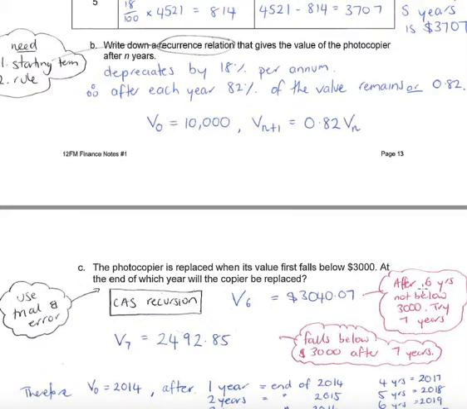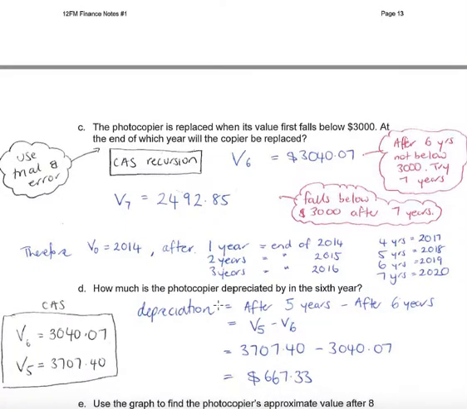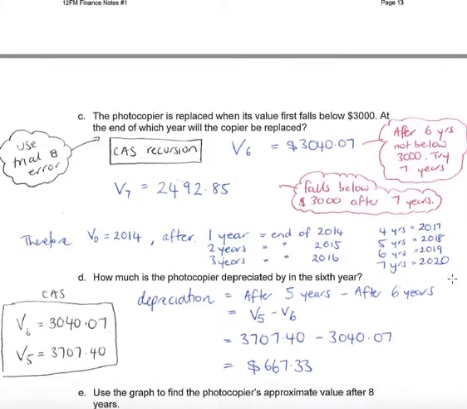It's not quite below 3,000, so you need to go to the 7th year, which ends up being 2,492. Now that it's below 3,000, that is when it needs to be replaced. So if our initial year was 2014, we add 7 years to that, and in 2020 they needed to replace that copier. That's all that's saying there.